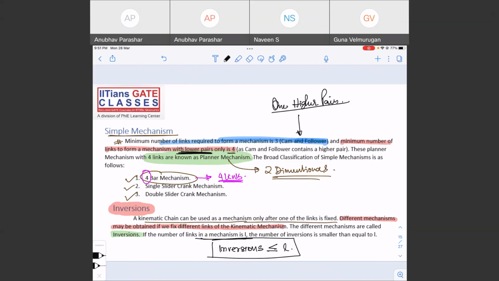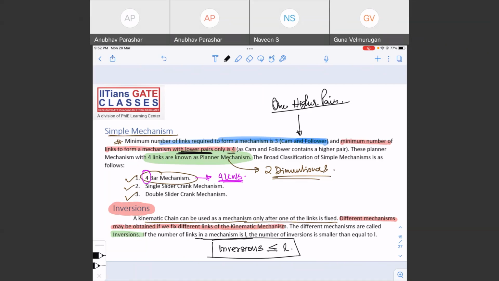For example, in 4-bar mechanisms, the number of links is 4, but the inversions obtained are 3: double crank, double rocker, and crank rocker. In the single slider crank mechanism, there are 4 inversions.